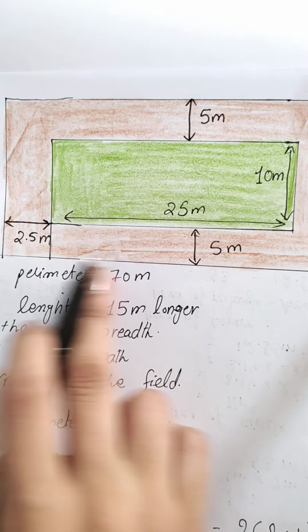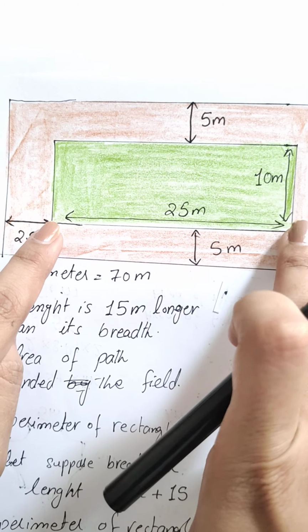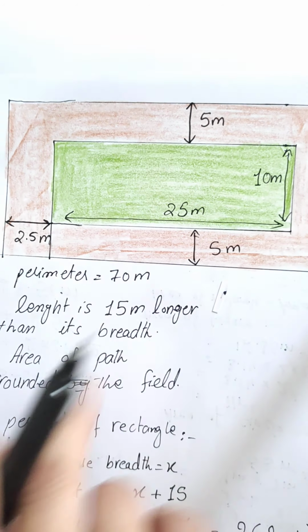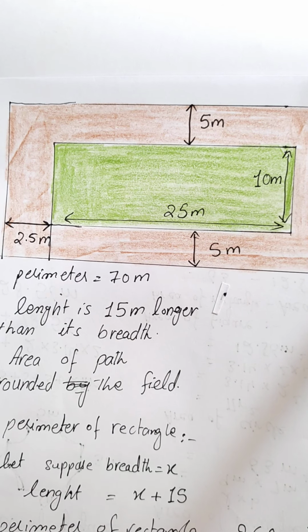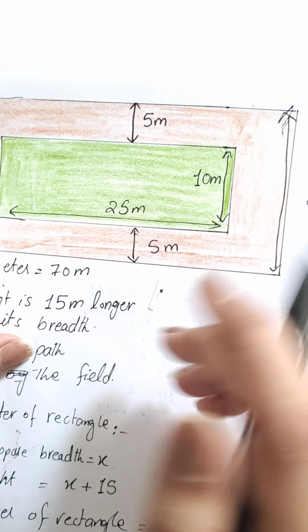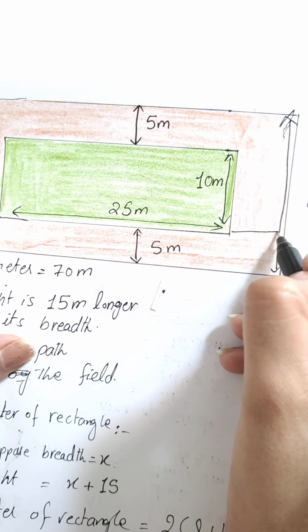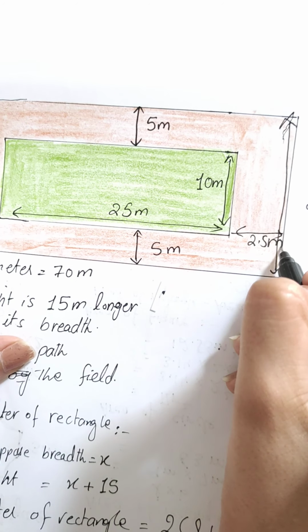Now I will find out the length of this rectangle. As we know, the length of the inside rectangle is 25 meter, and now it is extended. The path is 2.5 meter from this side, and it is also 2.5 meter from this side, meter, not centimeter.